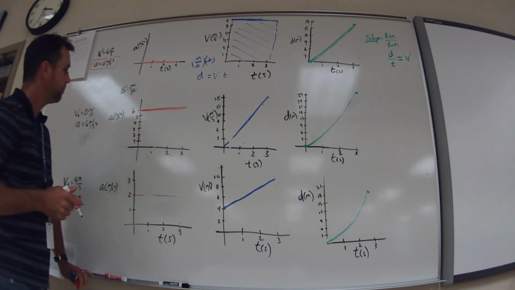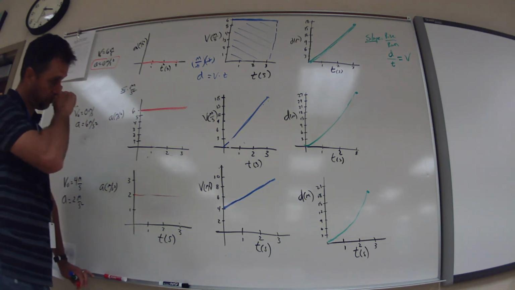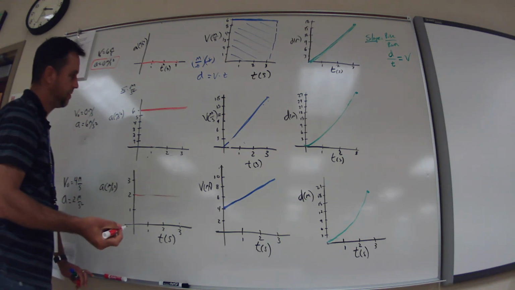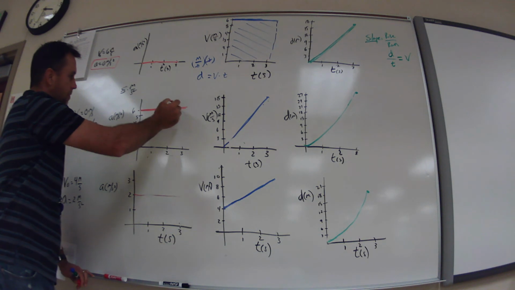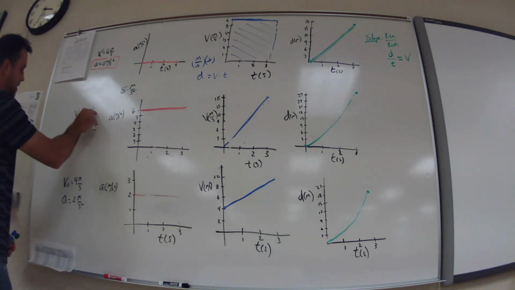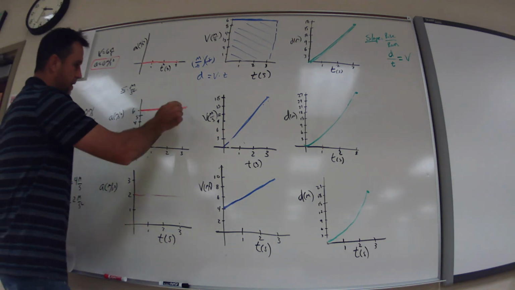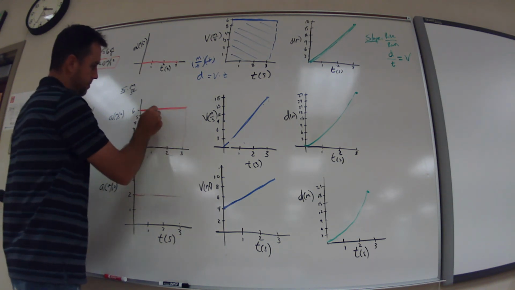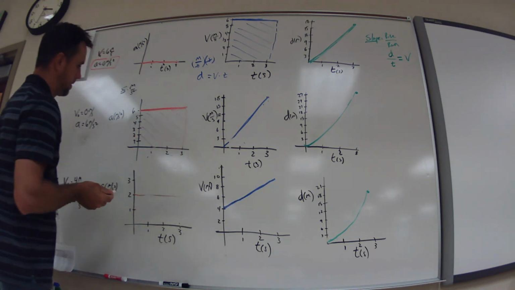All right, so now it gets a little more confusing to figure out my velocity time graph. Since this wasn't 0, I don't just stay at my initial velocity. So a good way to do this is to use the area under the acceleration time graph. Right? Why does that work?